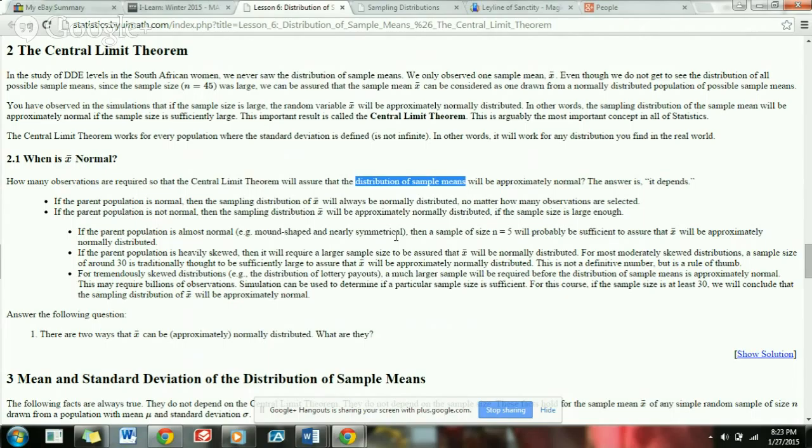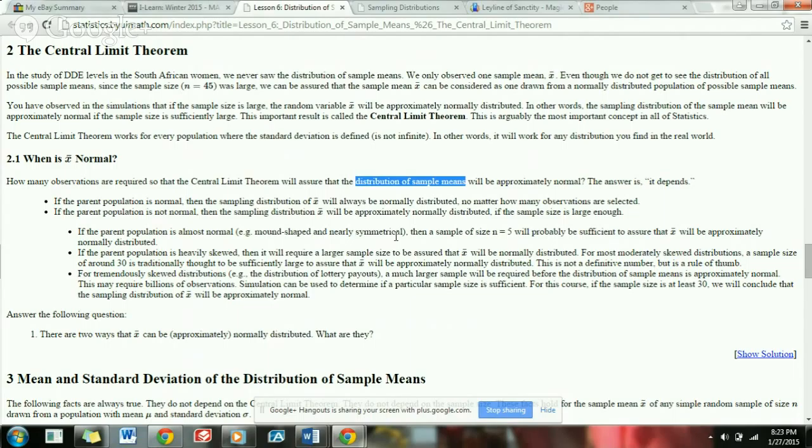Because if the parent is not normal, the larger the sample size is, the more it reflects the parent population. So if the parent is right skewed, then wouldn't a larger sample size also have a right skew? It would be more likely to have a right skewed population.